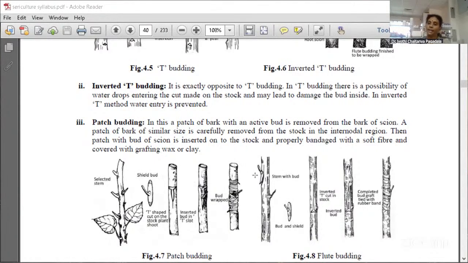When the plant is still attached to the parent plant, we do this method for developing roots on the stem. The rooted stem is detached to grow as a new plant, which can be called a layer.